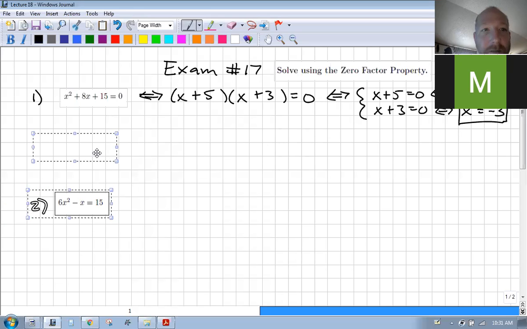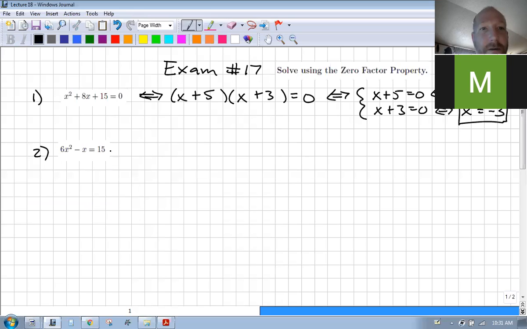Number two here. First thing we need to do is put this into standard form. We need to subtract this 15 from both sides. Since we have this 6 over here, let's use our trick.